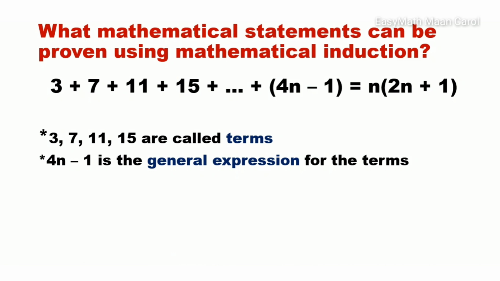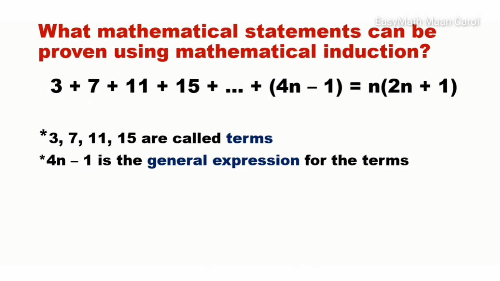So, bakit siya tinawag na general expression? Kunyari, gusto mong malaman yung 3, yun yung unang term, yung 7, yung pangalawang term, yung 11, yung pangatlo, yung 15, yung pang-apat. Kunyari, gusto mong malaman yung ika-10 term, ang gagawin mo lang, yung 4, tapos yung n papalitan mo siya ng 10.